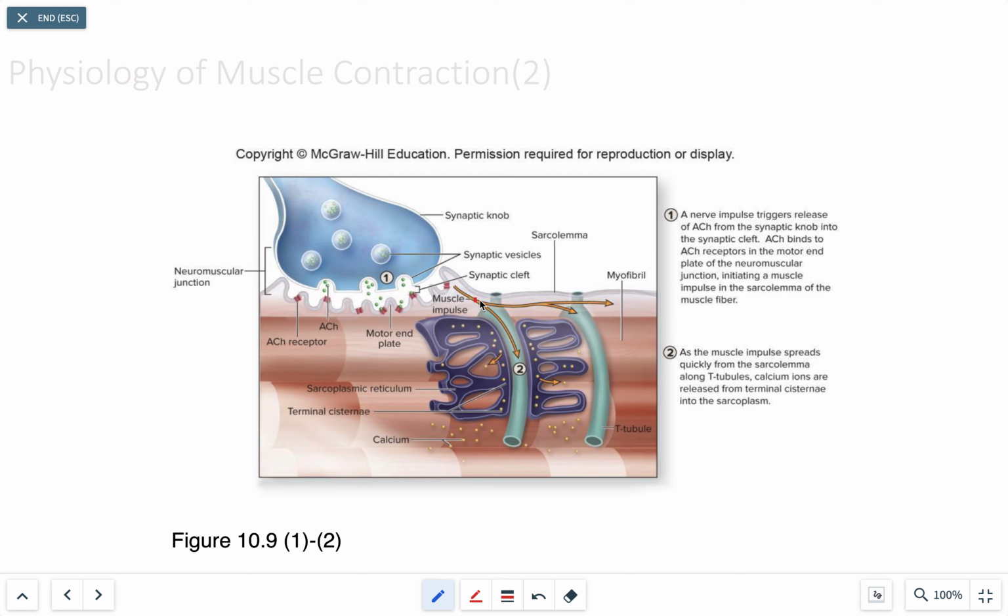So as this action potential is traveling along the sarcolemma, going down through the transverse tubules, what we see is the beginning of the action potential, which is going to stimulate or trigger calcium to be released from the terminal cisternae. This calcium is then going to be released into the sarcoplasm.